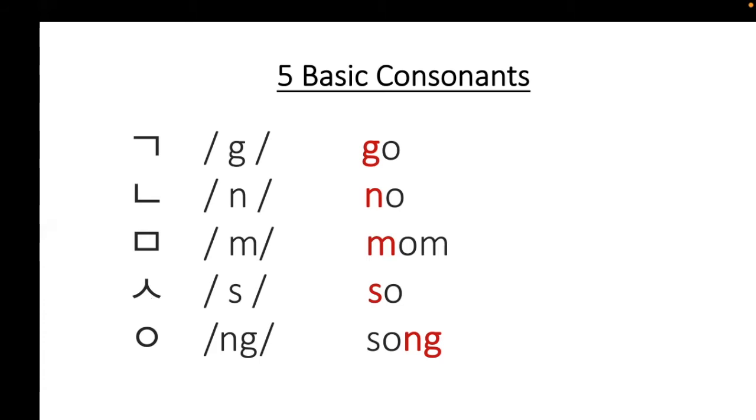And then lastly, "ng" is written like this. So let me read it one more time: ㄱ, ㄴ, ㅁ, ㅅ, ㅇ. These 5 are the basic consonants.